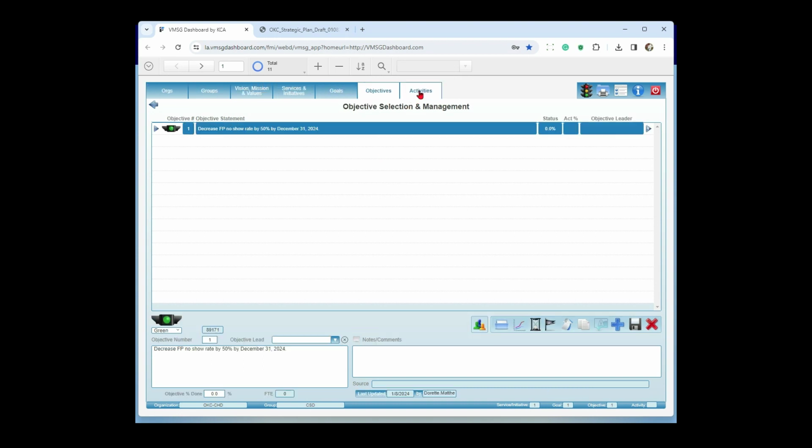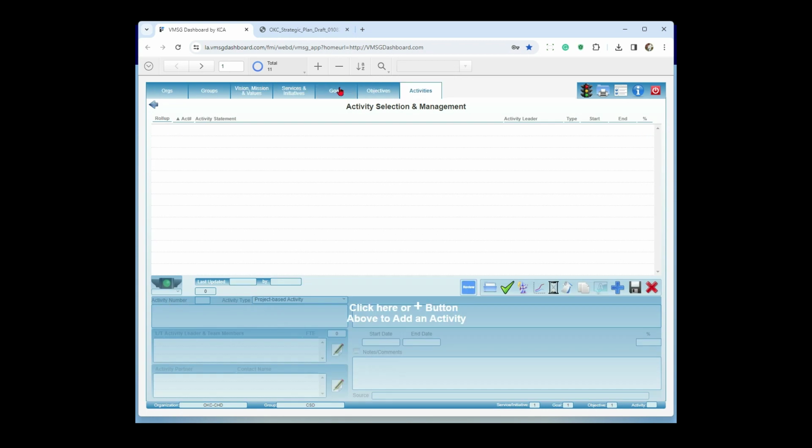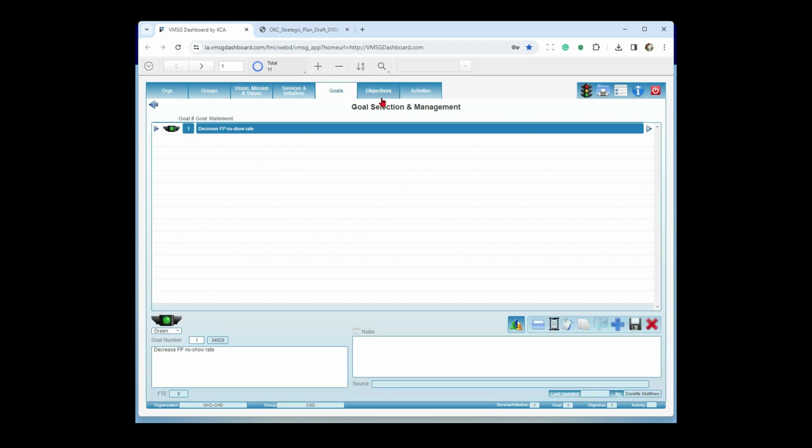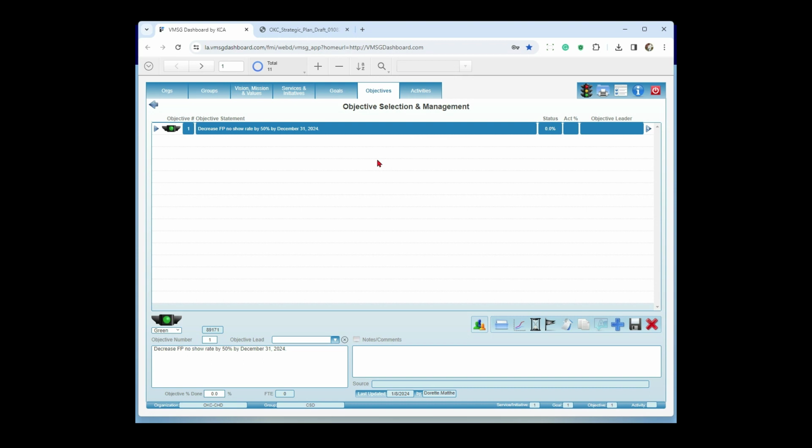But your plan structure looks great. And again, once you get down to the activities, the idea is to say, if I do these steps in the activities, will I decrease my no-show rate by 50%? That make sense?